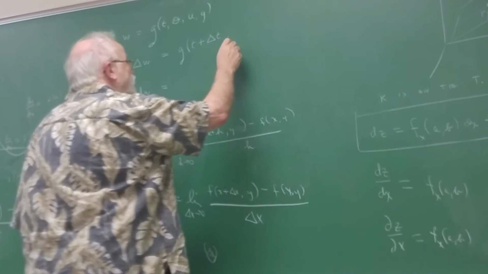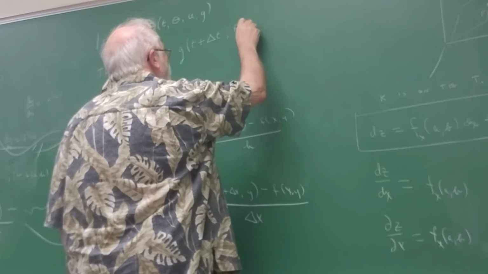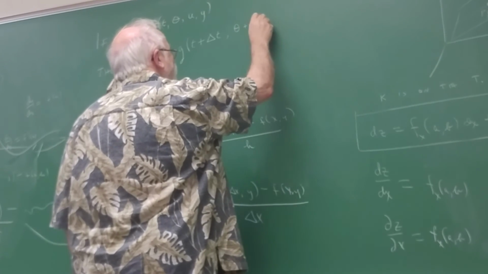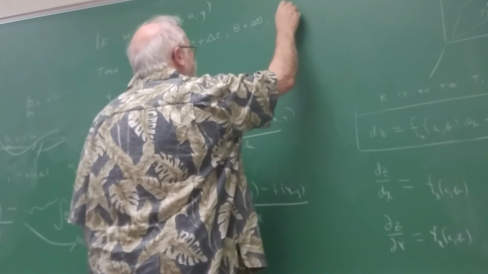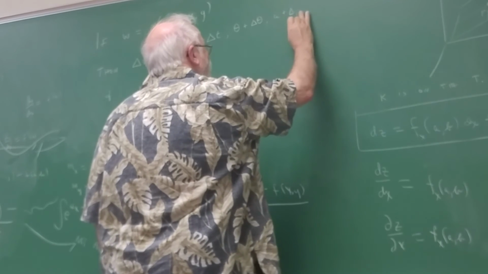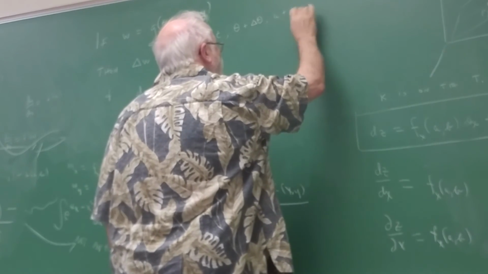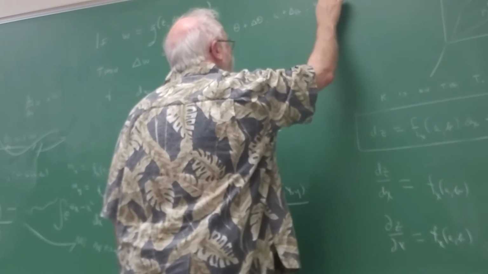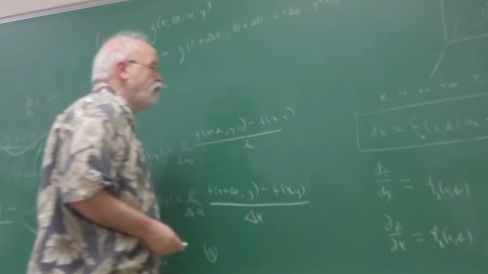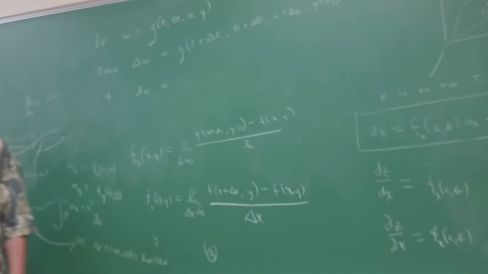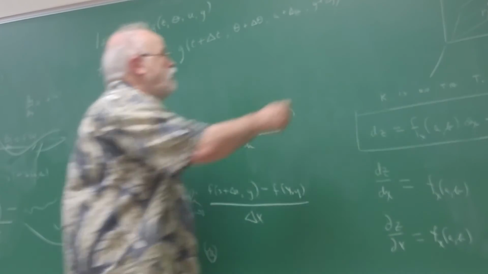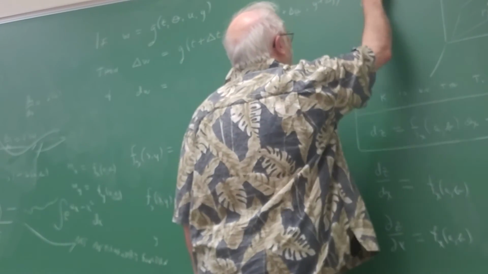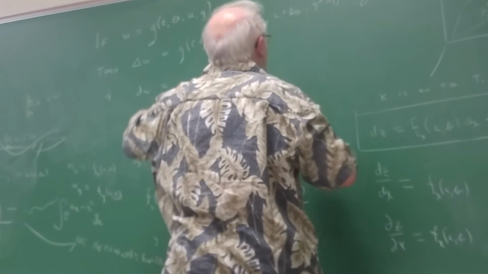Okay, delta t, then theta plus delta theta, we're on a roll now, then u plus delta u, and then y plus delta y, minus g of t, theta, u, y, all that mess.